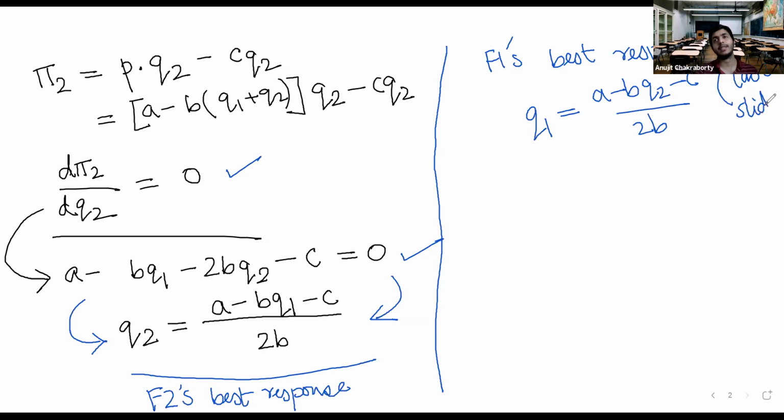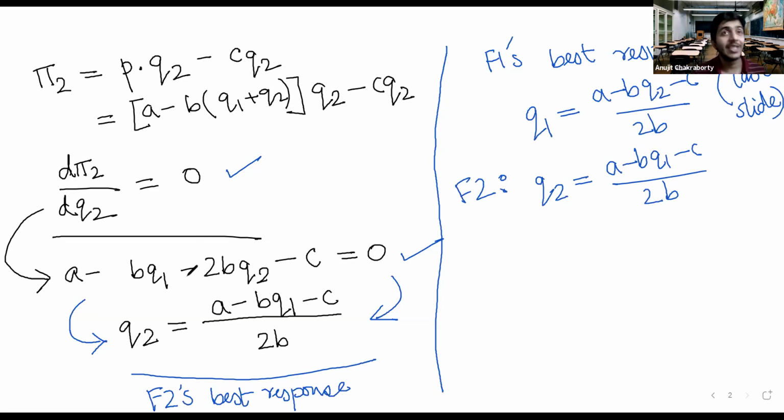We already figured that out from the last slide. And then here we also derived Q2 equal to (A minus BQ1 minus C) over twice B. This is from firm 2's best response.